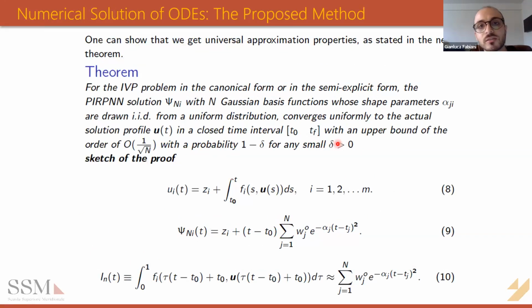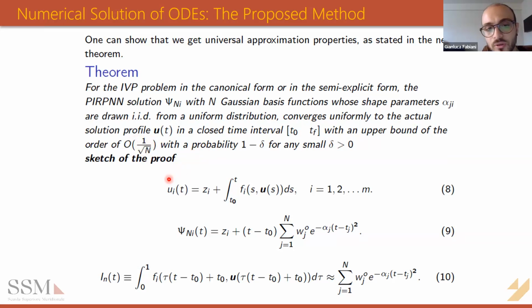In particular for this problem, we can prove a theorem for this framework using Gaussian basis functions. We can have a uniform convergence with high probability to the solution profile in the closed interval. And the order of convergence is 1 over square root of n.